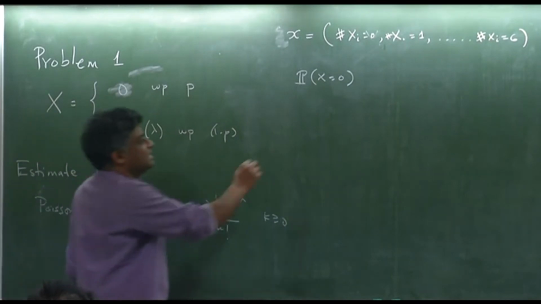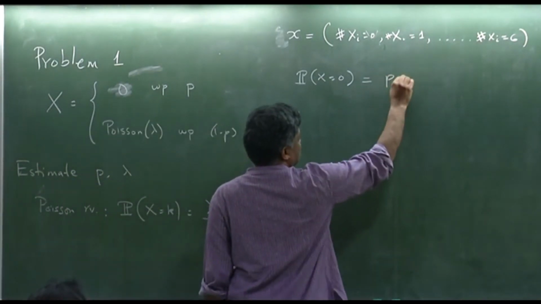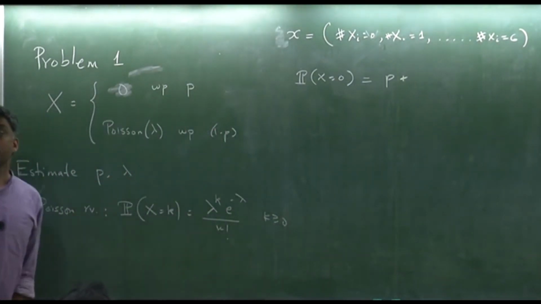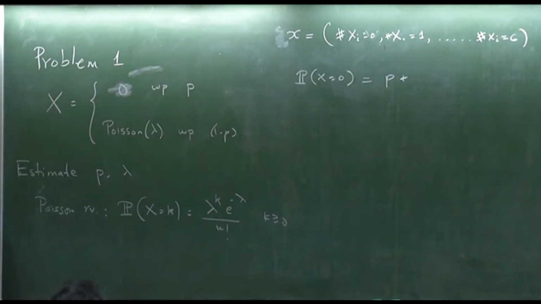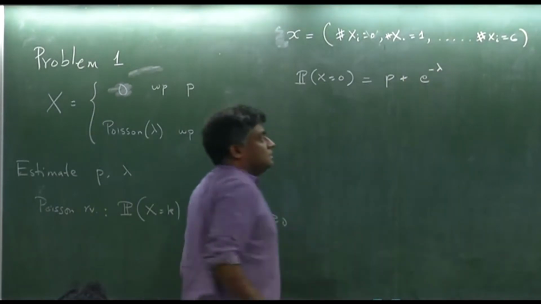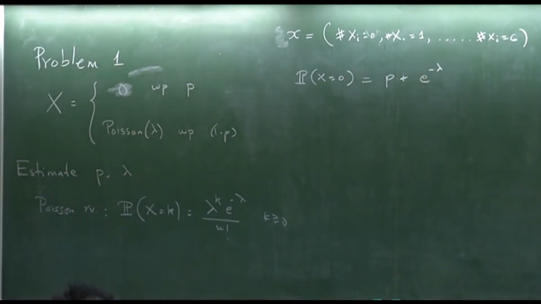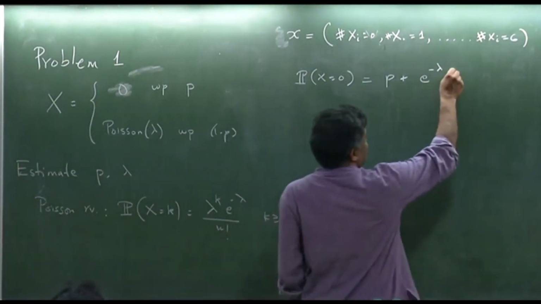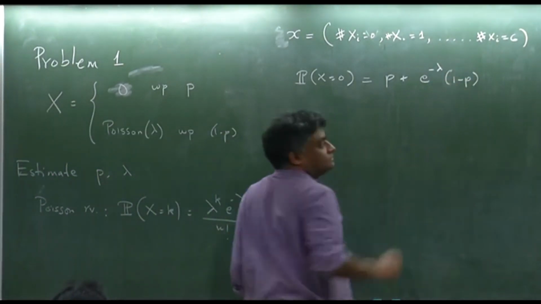So it's p plus what? E to the minus lambda. Is that correct? Remember, the right answer is always maybe. And whenever I tell you that it's maybe, it's an indication this is not right. What is missing? 1 minus p. 1 minus p. Perfect. You need to have a 1 minus p here.